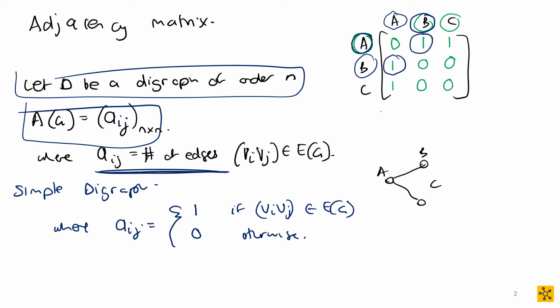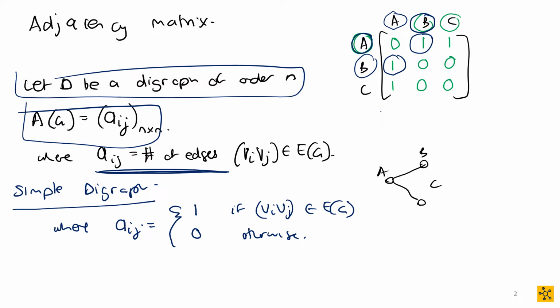So we have the adjacency matrix C particularly so that we can incorporate parallel edges and so on. However, if we narrow it down to the simple digraph, in other words there are no parallel edges and no loops, it breaks down to 1 and 0, and 1 only if your Vi to Vj is an element of the edge set.